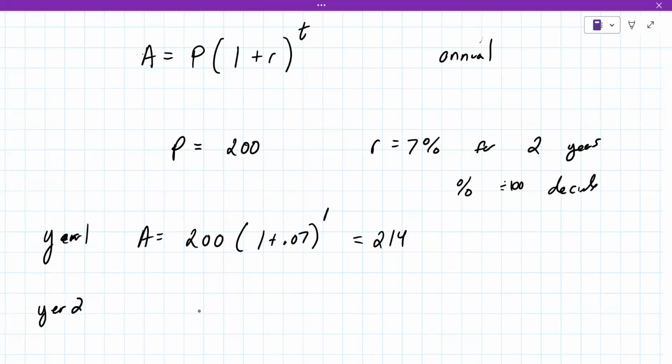Now, at the end of year two, you do the same thing, but this time you start with 214 times 1 plus 0.07 to the power of 1.